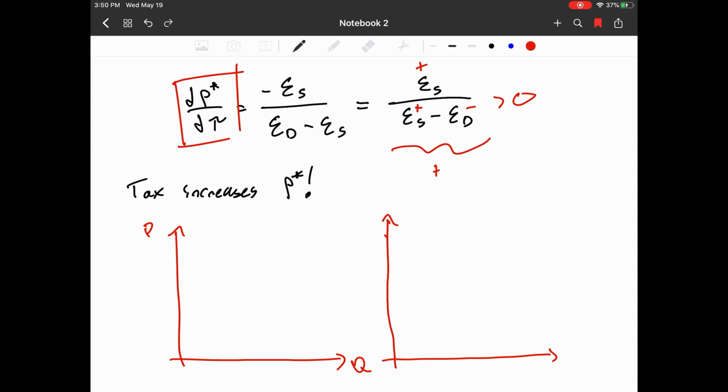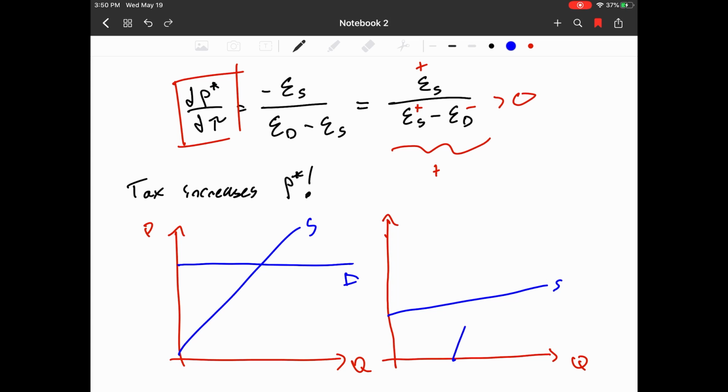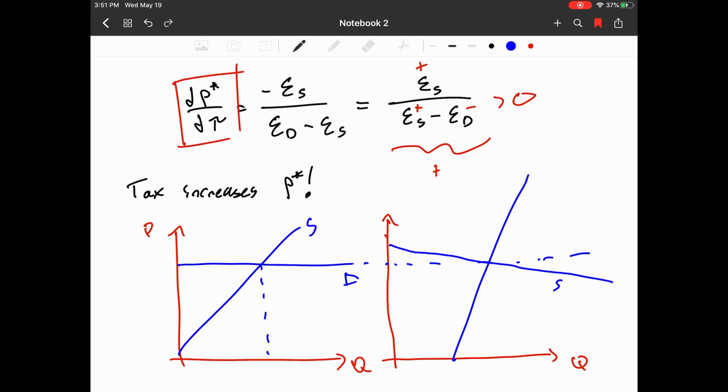One where we have very steep supply and very flat demand, and the other where we have very flat supply and very steep demand. Let's actually try to get the equilibrium price relatively similar in both of these cases.